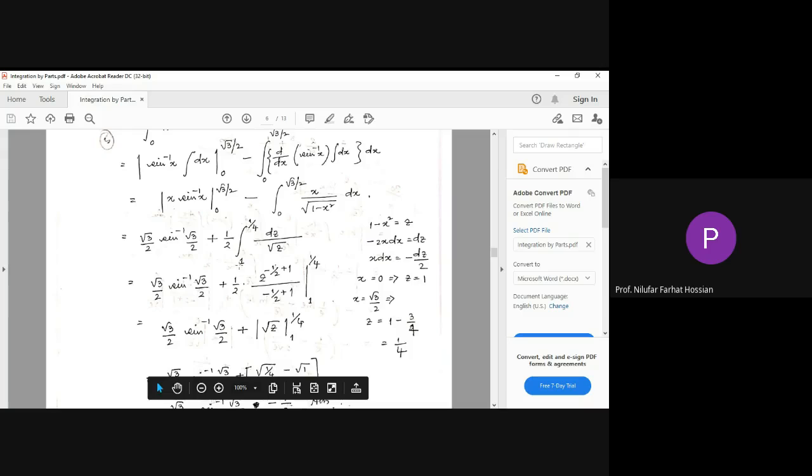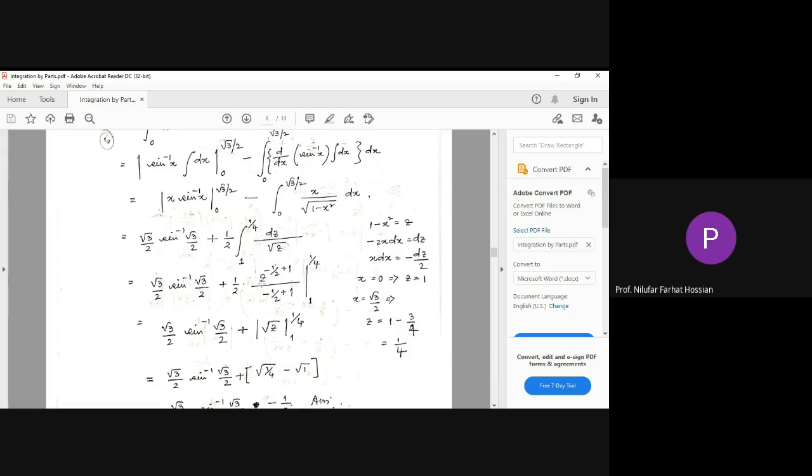The limits will be 1 up to 1 by 4, and here x dx was minus dz by 2, minus half is taken outside. So now this is your integration, dz by root over z. Root over z means z to the power half, and when you take it to the upper side, it will be z to the power minus half.